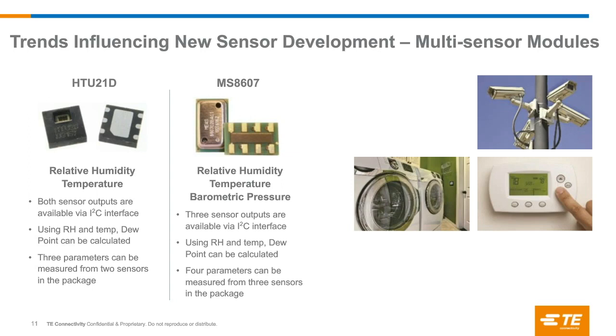What is really interesting about this particular sensor is that by putting two sensors in the package, you can actually get 3 data points from it. So it's kind of like a genius sensor. It's able to report the relative humidity. It also reports the ambient temperature. And when you do a little calculation with those two numbers, you can actually calculate the dew point.